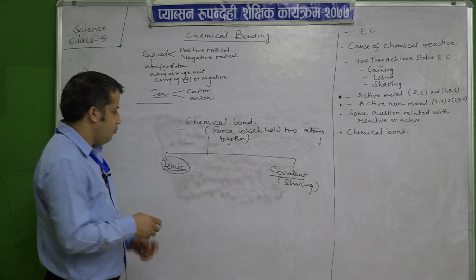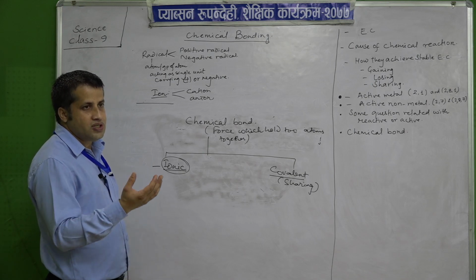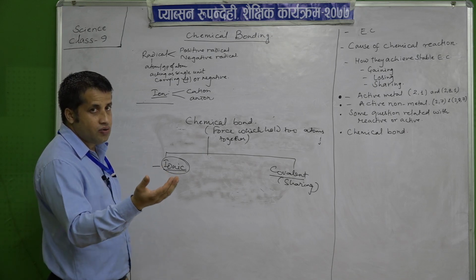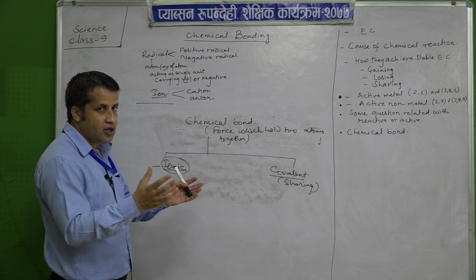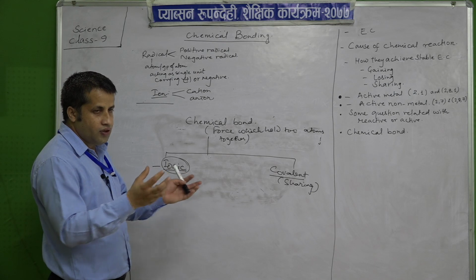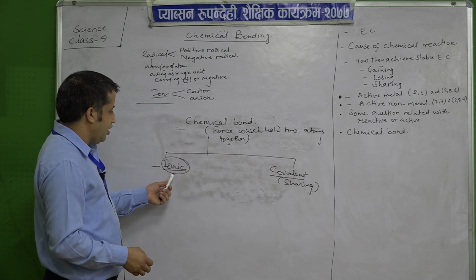Ionic bond is formed when one element loses the electron and the other will gain, and they combine together with an electrostatic force. That force is called chemical bond, and that is ionic bond.